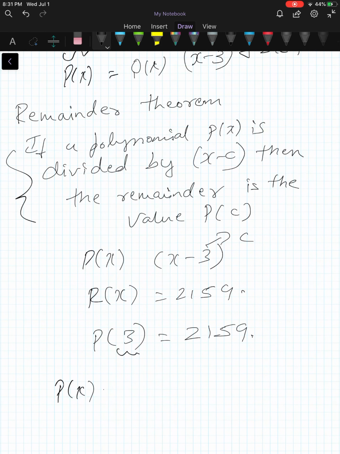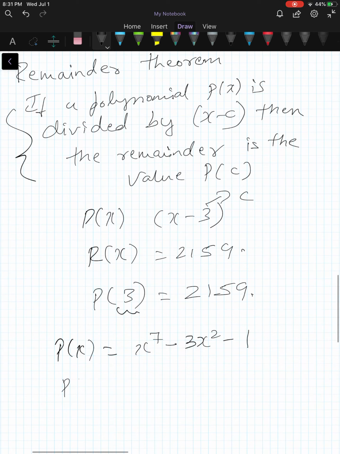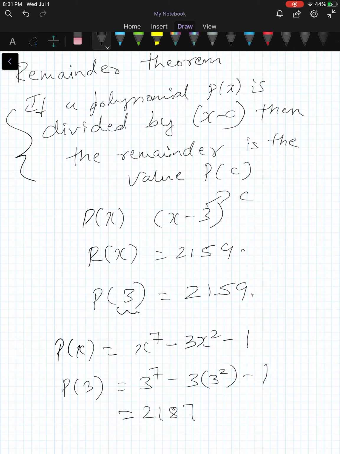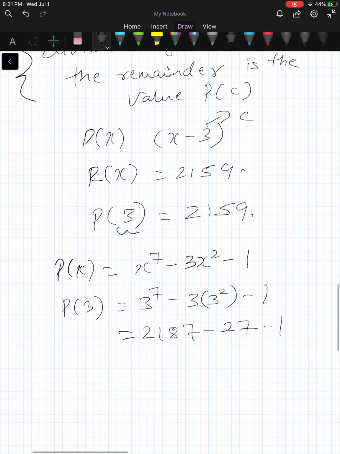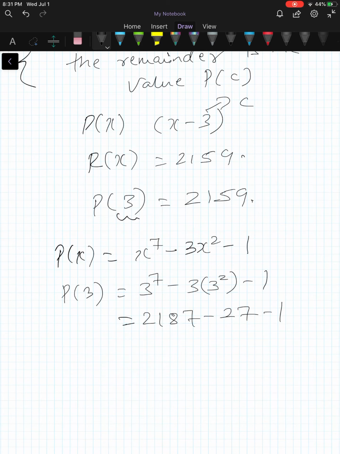Our p of x was x to the power of 7 minus 3x squared minus 1, correct? So p of 3 would be 3 to the power of 7 minus 3 times 3 squared, that is 9, minus 1. 3 to the power of 7 is 2187, minus 9 threes, which is 27, minus 1.